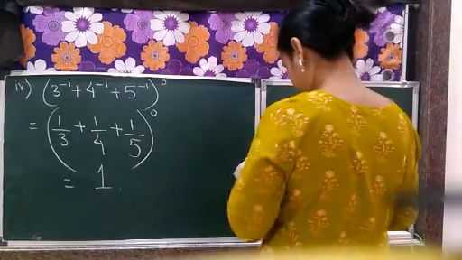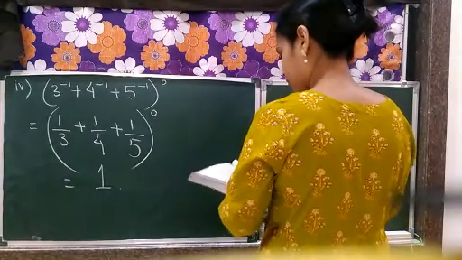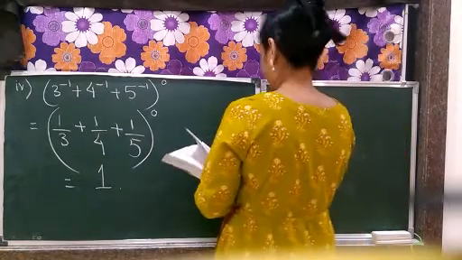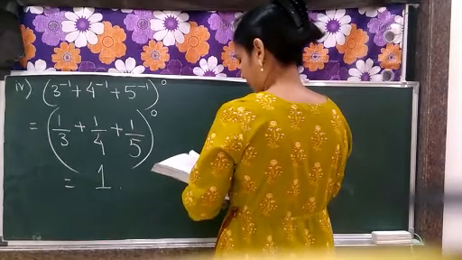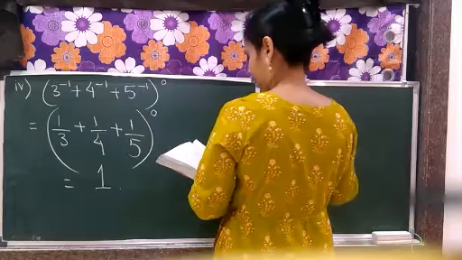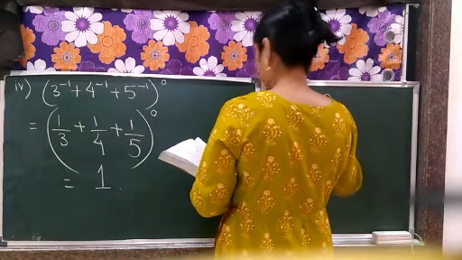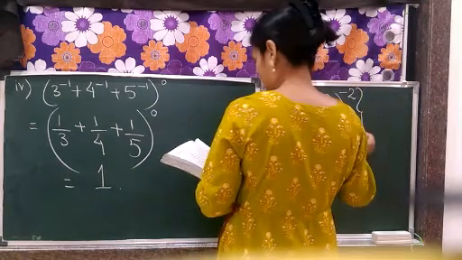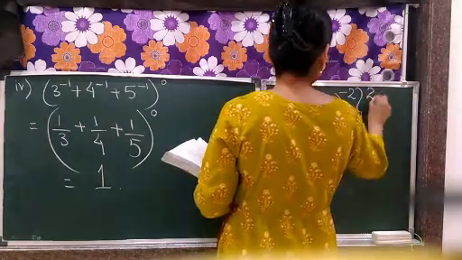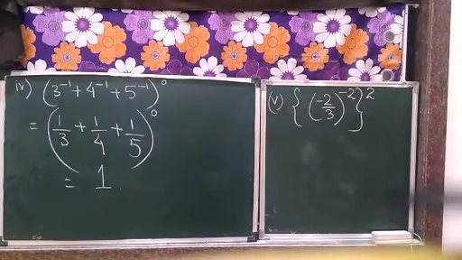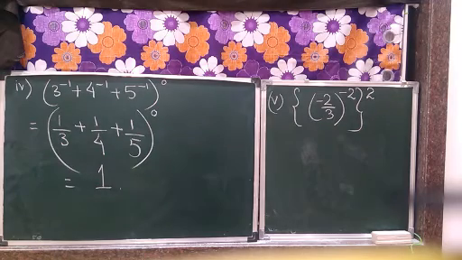Now we start with the fourth one. Sorry, fourth one is over. We start with the fifth one. Minus 2 by 3. Now, using the formula a raised to m bracket n, where a raised to m into n.